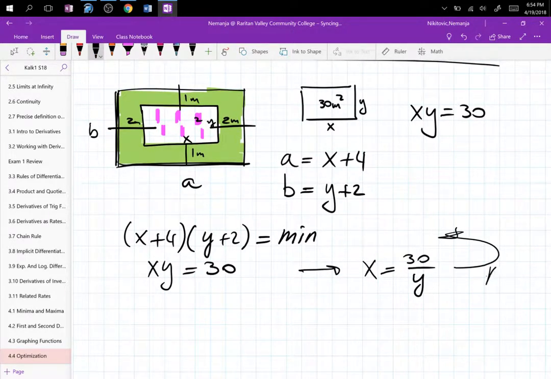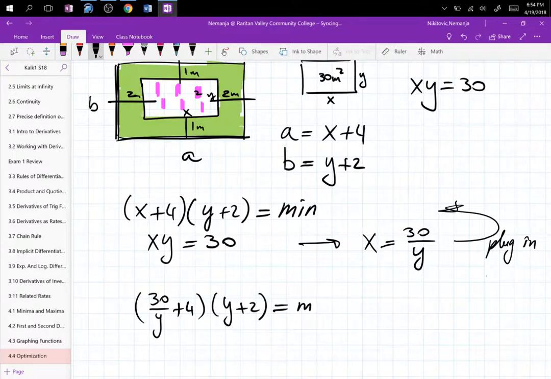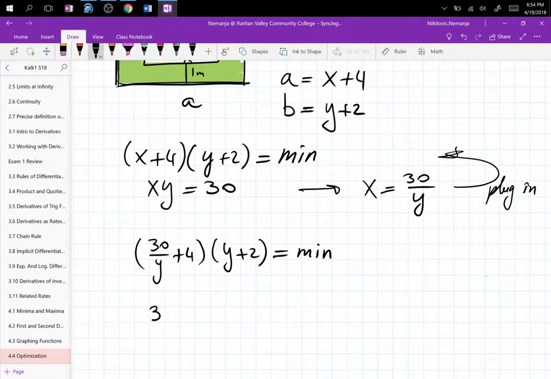Plug in. 30 over y plus 4, times y plus 2, equals min. FOIL: 30 plus 4y plus 60 over y plus 8 equals min.